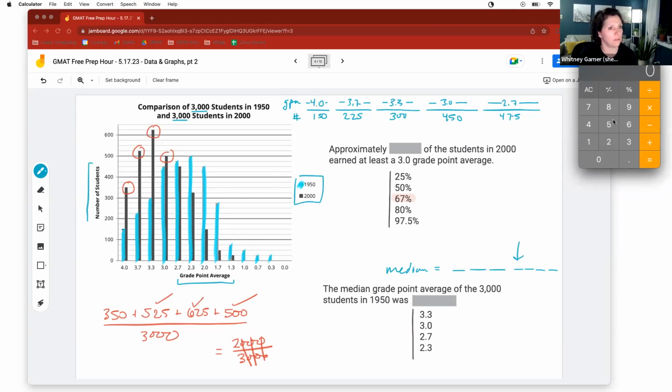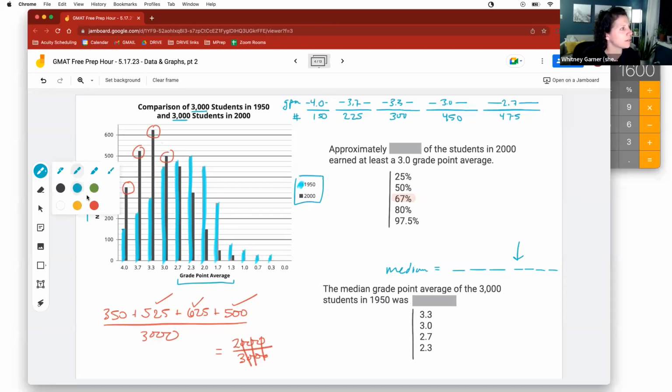So I've got 150 plus 225 plus 300 plus 450. So when I get to this 475, somewhere in this 475 people is going to be my 1,500th and my 1,501st person. So it means the person who's 1,500th in line and the person who's 1,501st in line both have a 2.7 GPA.